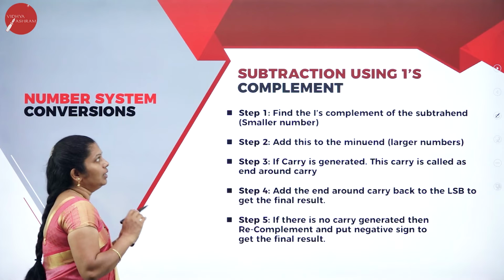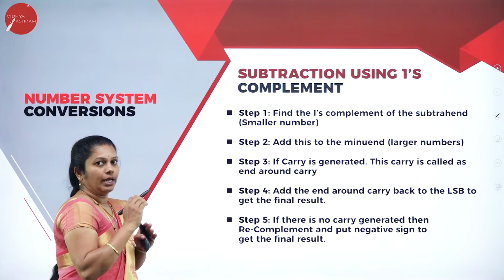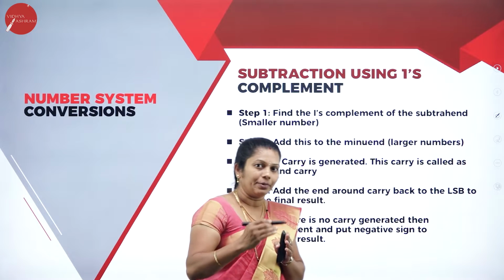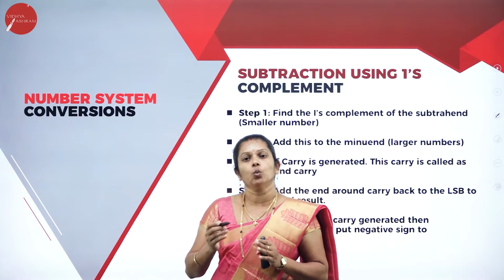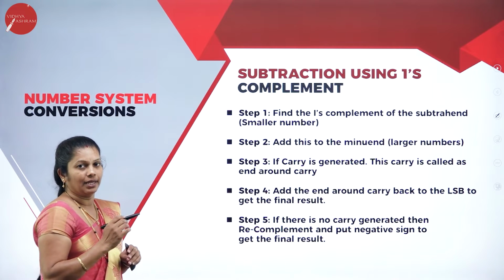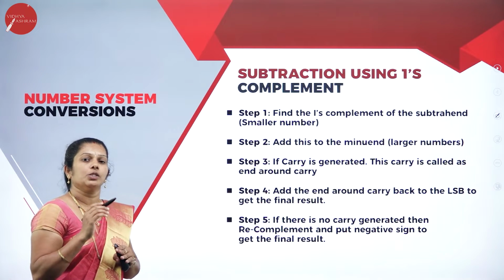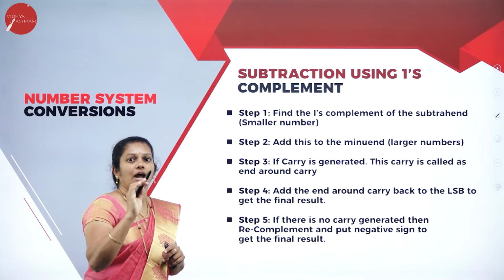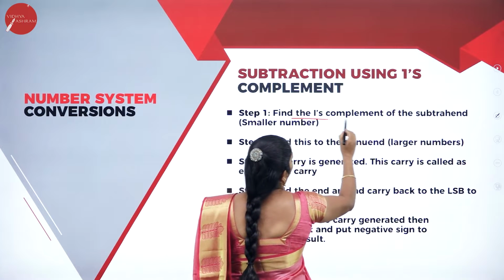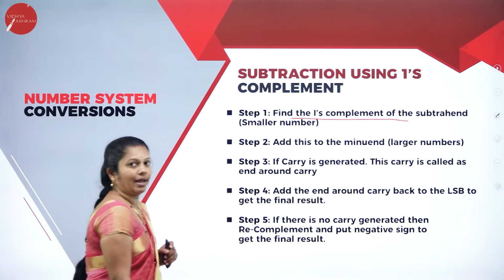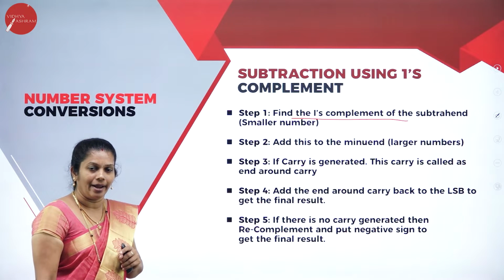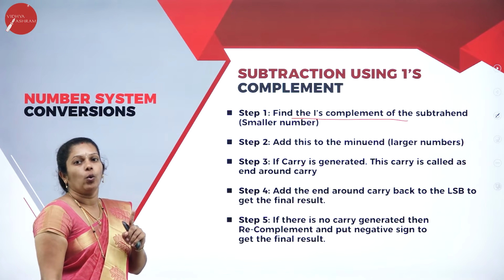Now is it clear? Next, in the exam, you may get a question: subtract the given numbers using the ones complement method. If I want to subtract using ones complement, then I have to follow some rules. The first rule: find the ones complement of the subtrahend. Compulsorily, for the subtrahend, we have to find the ones complement.